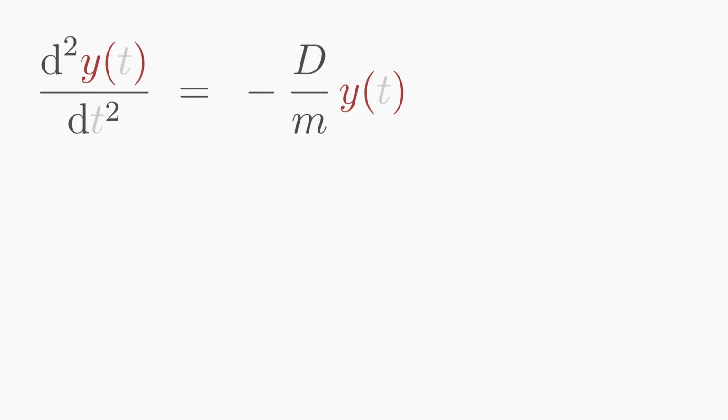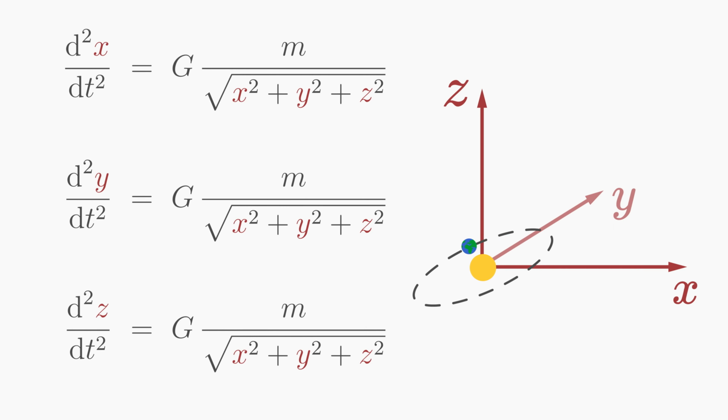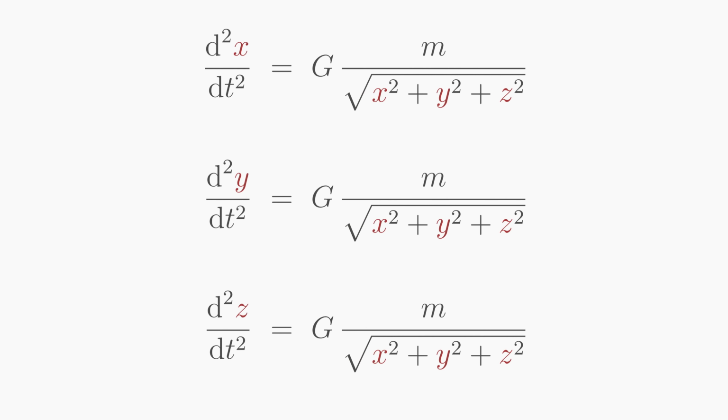In fact, 3 functions are searched here, namely the trajectories x, y, and z, which determine a position of the mass in 3-dimensional space. Each function describes the motion in one of the 3 spatial directions. And all 3 trajectories depend only on the time t.